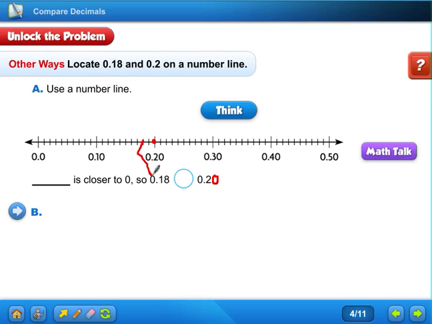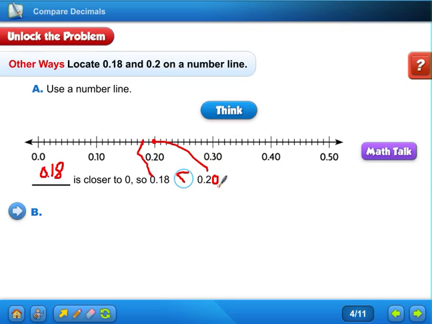So there's our 18, and here's our 20. So which one is greater? Which one is closer to 0? Eighteen hundredths is closer to 0.